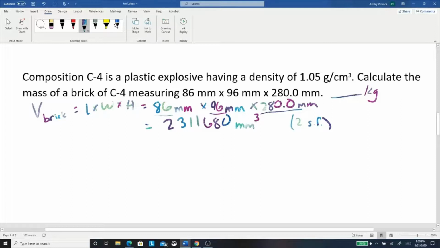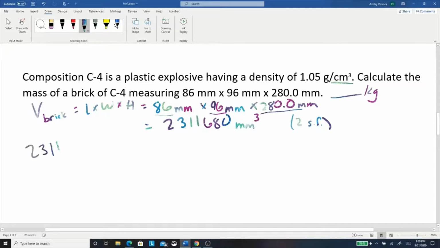Sometimes when you round too early in a problem, you start introducing a lot of rounding error, and then your final answer ends up being pretty far off. So it's good to wait till the end for things like this. Okay, so now we have our volume in cubic millimeters, but I need cubic centimeters based off of the density I'm given. So let's go ahead and convert that.